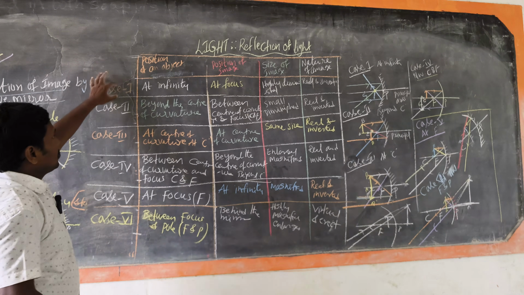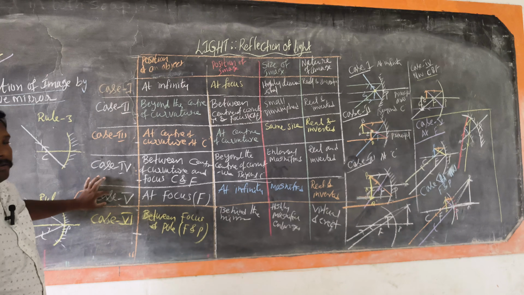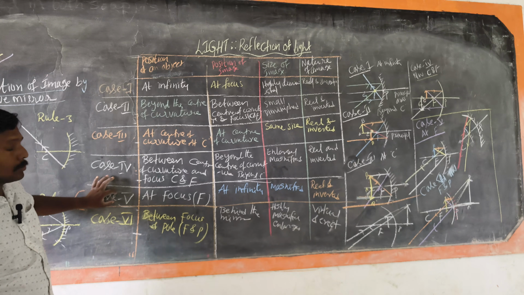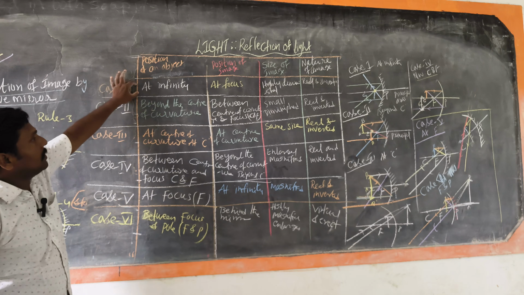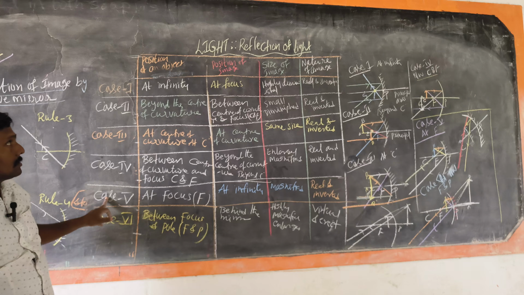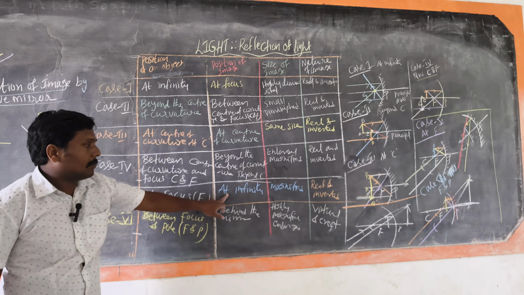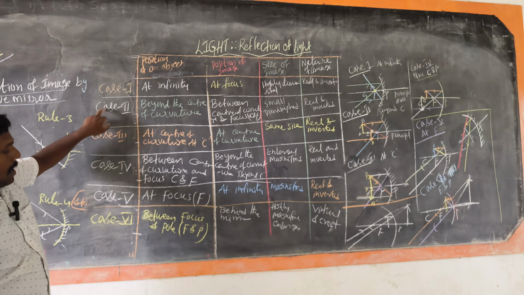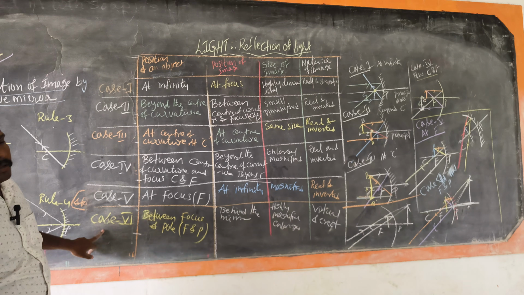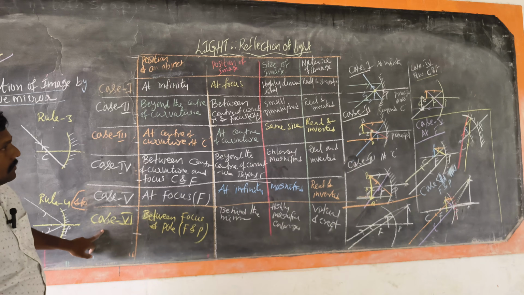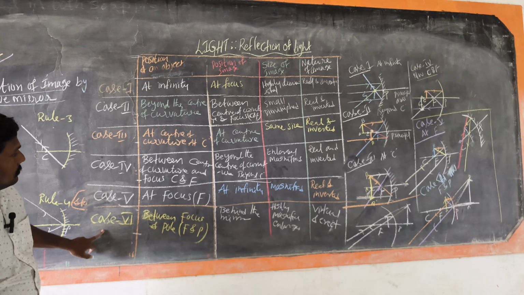So first see, case 1 and case 5 are opposite. With the object at infinity, the image is formed at focus. With the object at focus, the image is formed at infinity. Then case 2 and case 6 are different.